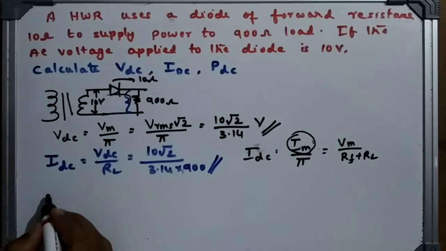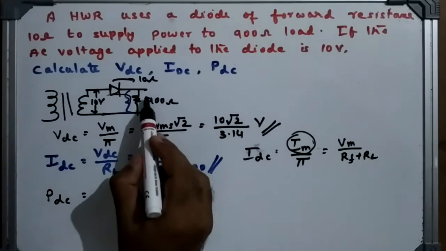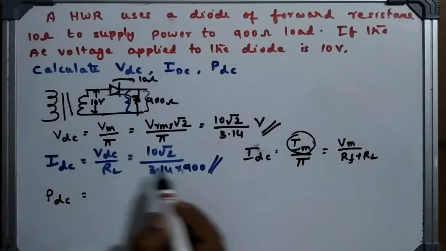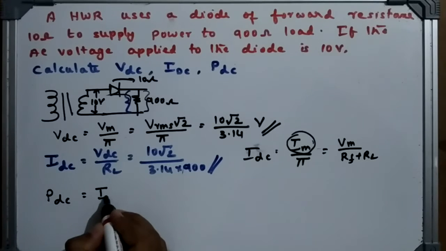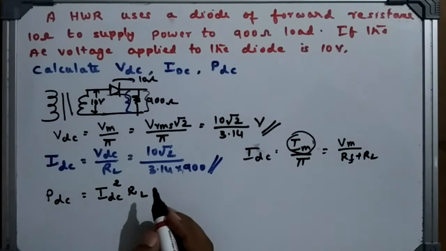Now the third one, that is PDC, the output DC power. Output DC power is the power consumed by the load. You know the current. So how do you calculate the power? Power is equal to IDC square into RL.